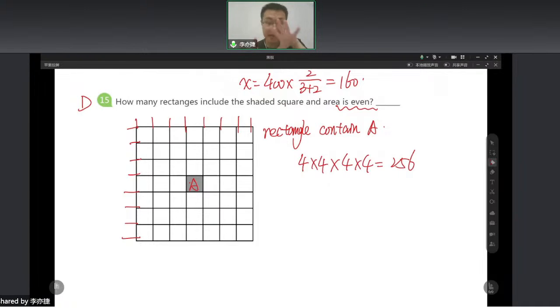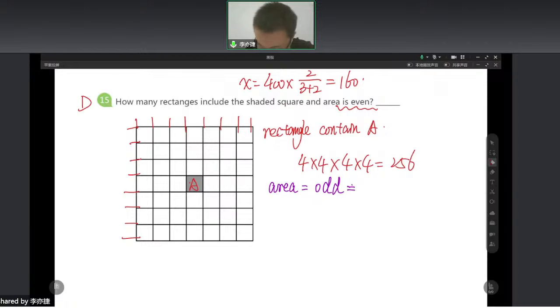And then secondly, we want to define how many of them have an even area. Even is not that easy to define, because if either the length or width is an even number, then it's okay. However, odd is much easier for us to calculate, because if we want the area to be odd, then both the length and the width must be odd.